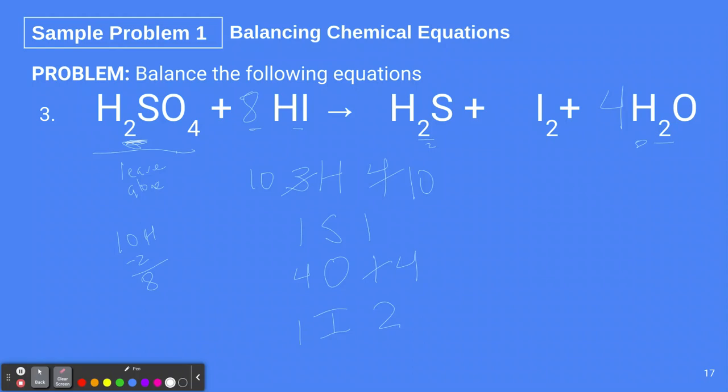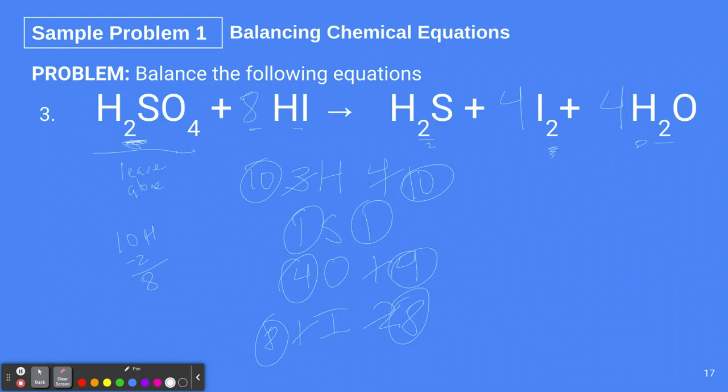And then from here, I now notice I changed my iodine into 8 as well. This is nice and easy now. Hydrogens are balanced 10 and 10, sulfur 1 and 1, oxygen 4 and 4. So for this one, I need to balance out my iodines. Everything needs to be multiplied by 2 for this, so I need a 4 here to get me up to 8. If we take a look, we're now good with 8 and 8.